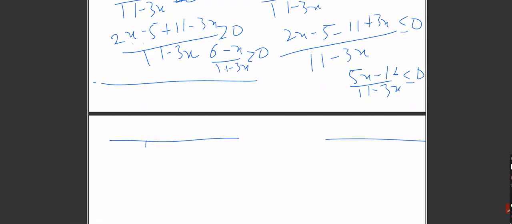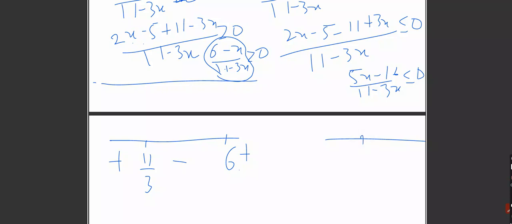So the points are 11 by 3, which is somewhere around 3.66666, just to get a reference of it, and 6. Now if we put 0 in this equation, yes, 0 satisfies this equation. That means positive, negative, positive, right?